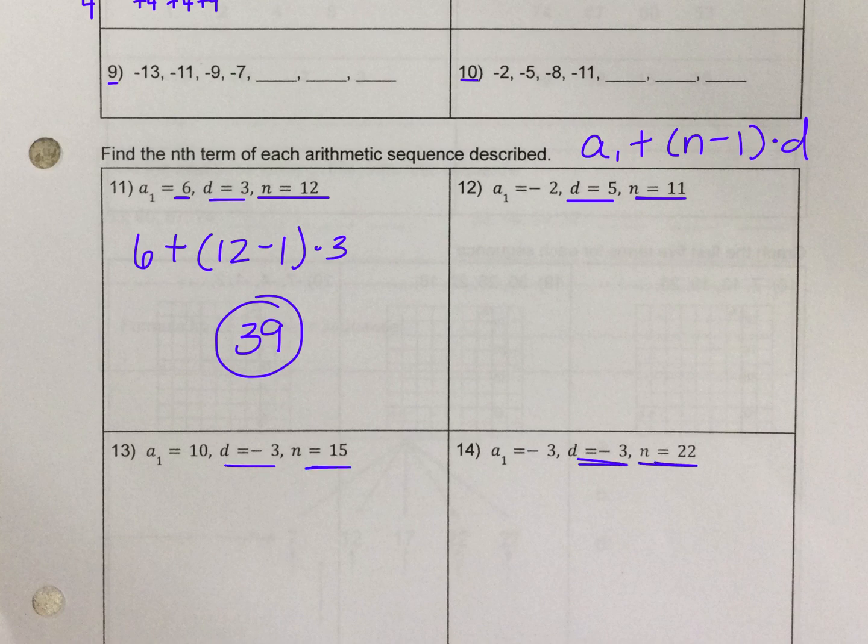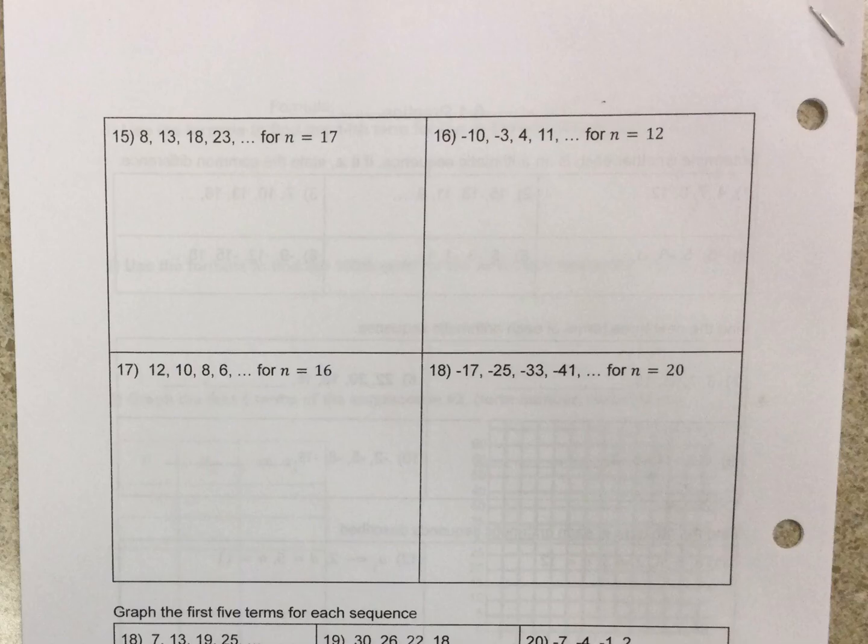Flip over to the next page. On this page, we're doing the same thing. A1 plus n minus 1 times d. But I'm going to have to figure out what these things are. A1 is my first term. My n, well, it just says it's 17.